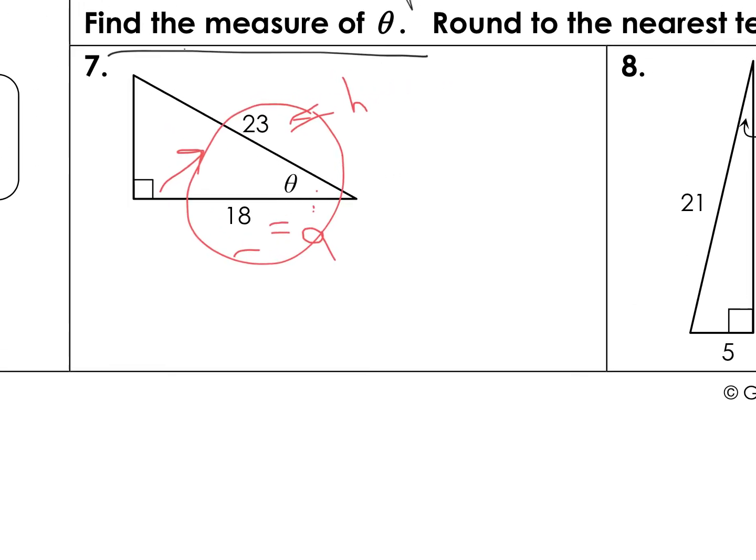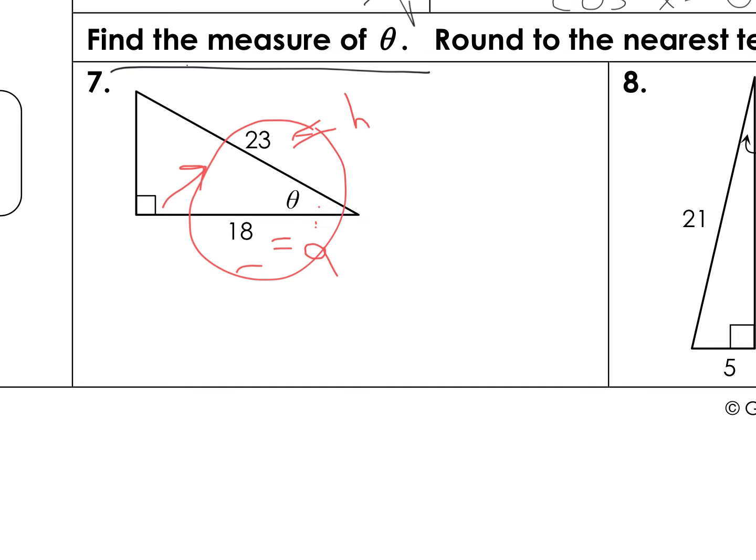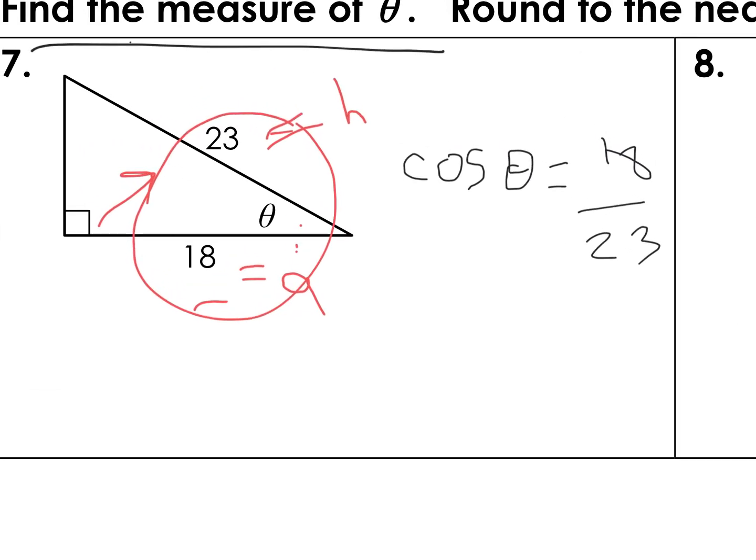So the trig function that connects hypotenuse and adjacent would be cosine. So cosine of that unknown angle has to be equal to 18 out of 23. Now here's where the magic happens. To get the angle out of there, I will arc cosine both sides.